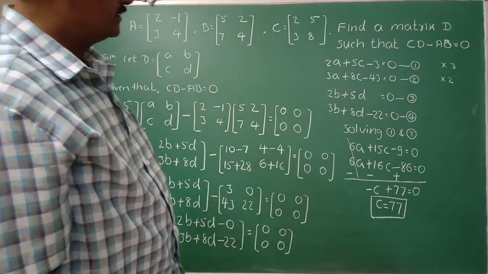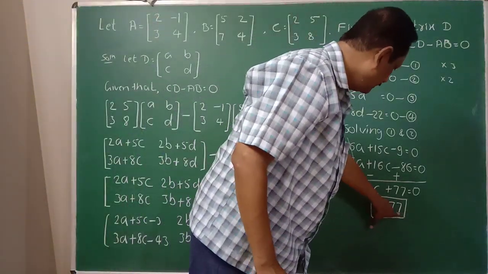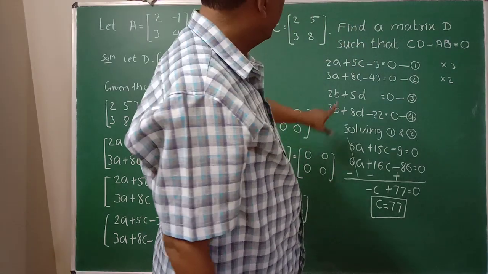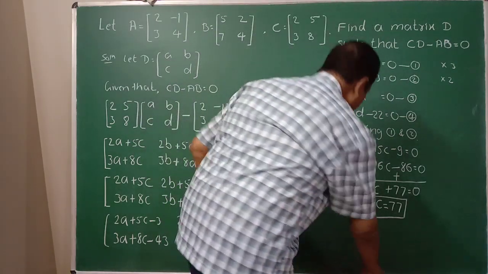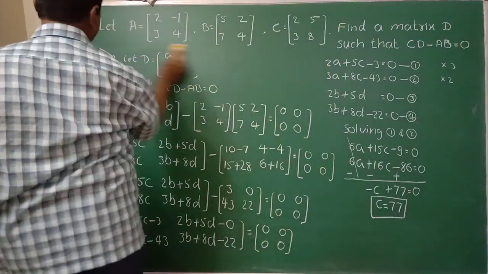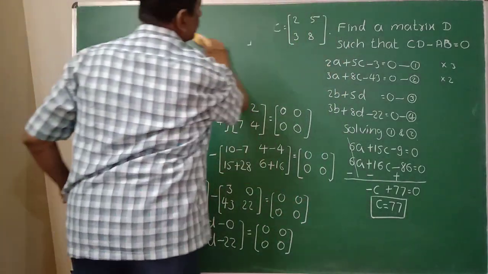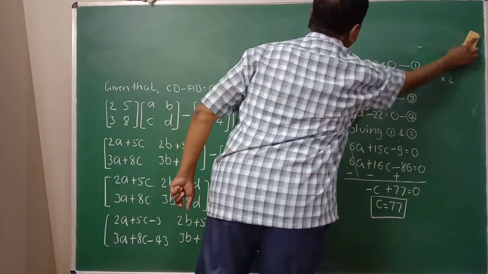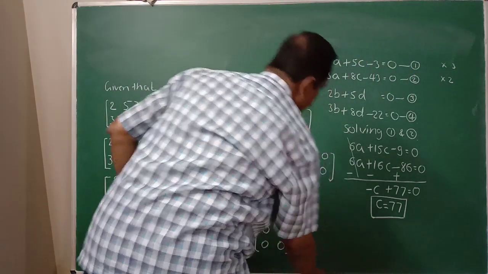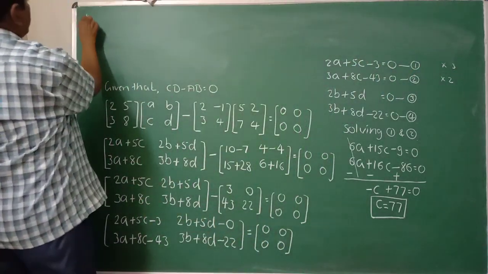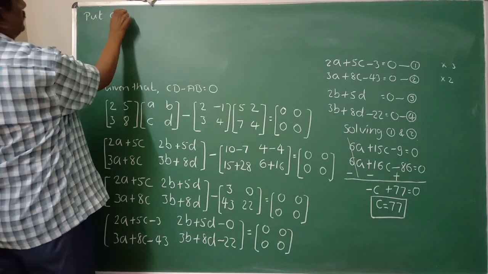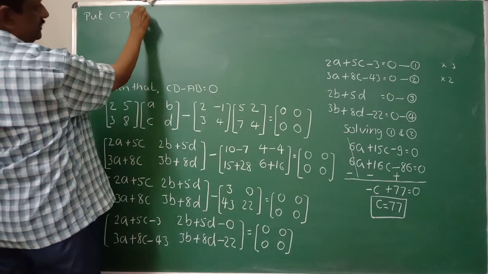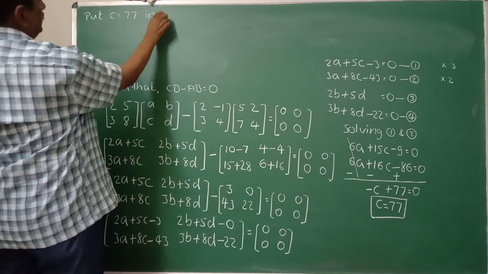C is 77. So use this c value 77 in equation 1, then you will get the a value. So put c is equal to 77 in equation 1.